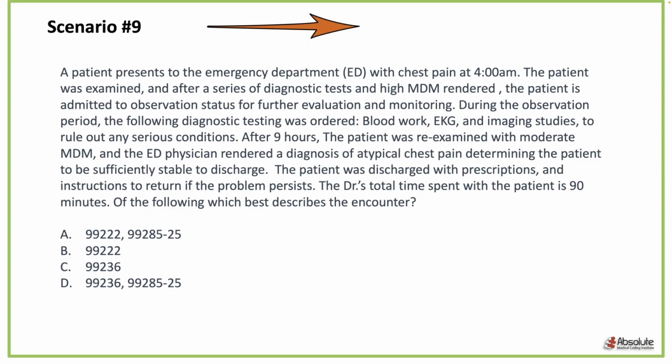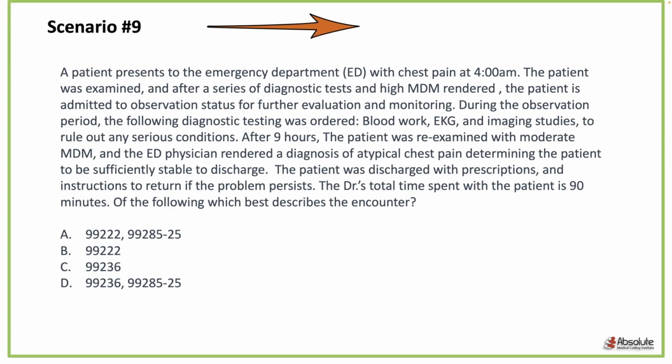A patient presents to the emergency department with chest pain at 4:00 a.m. The patient was examined, and after a series of diagnostic tests and high MDM rendered, the patient is admitted to observation status for further evaluation and monitoring. During the observation period, the following diagnostic testing was ordered: blood work, EKG, and imaging studies to rule out any serious conditions.